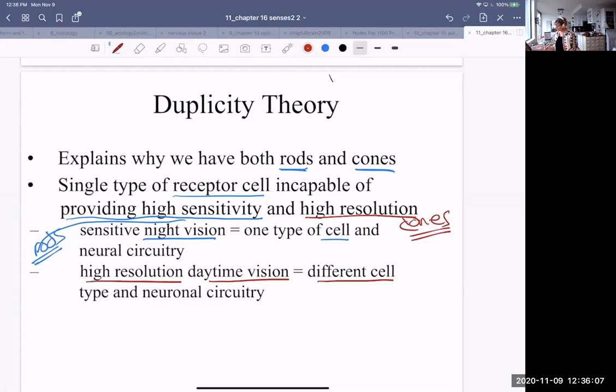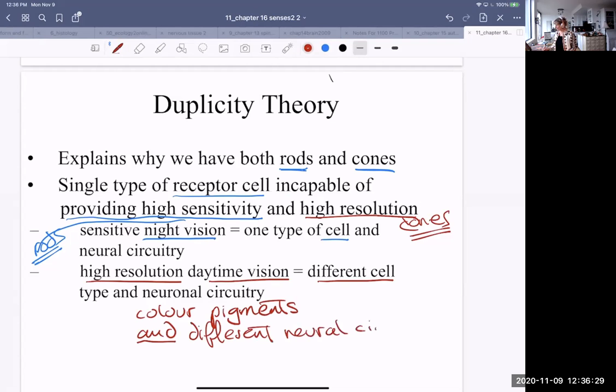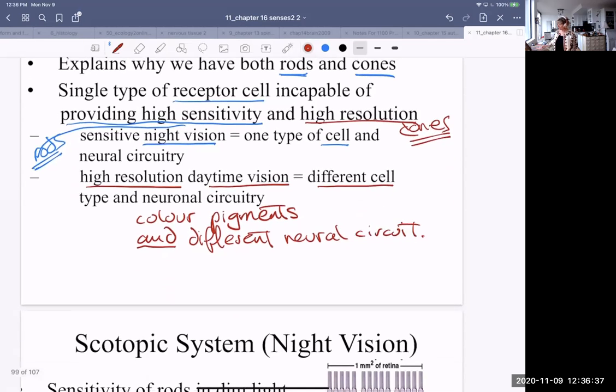It has a high resolution and it has a pigment that detects color. Color pigments and a different kind of circuit. And you'll see what I mean in a moment, why daytime vision is so acute.